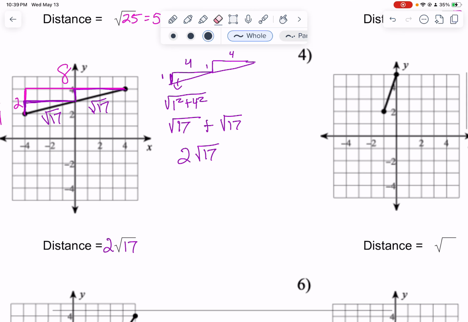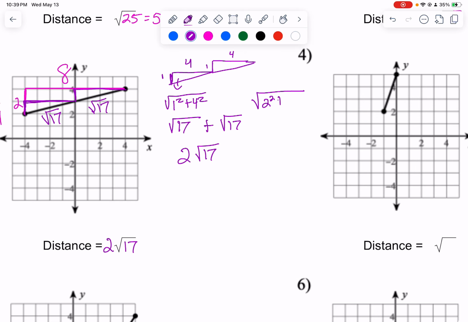Now I could have done this where I did square root of 2 squared plus 8 squared and thought of that as 4 plus 64, which would have given me 68.